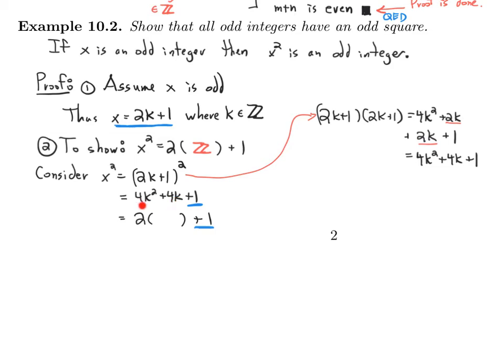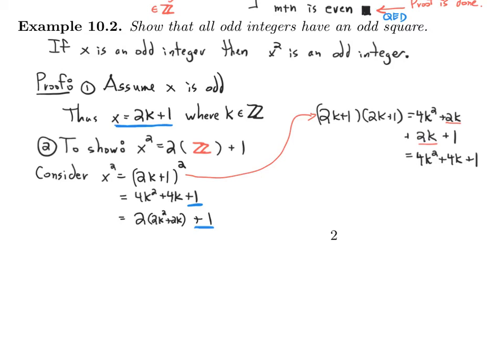So we can factor out a 2 from each term. Let's do it. We get 2 times 2k squared and 2 times 2k. And you can check, if you multiply that 2 back to each of these terms here, you get 4k squared and 4k. All right, and we've done it.